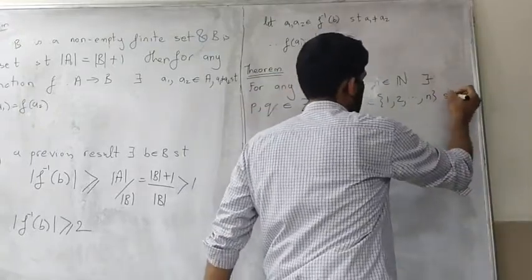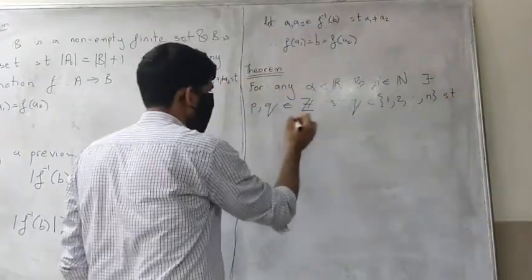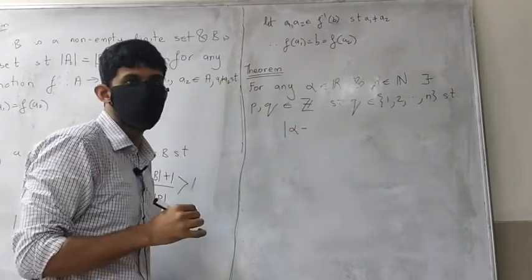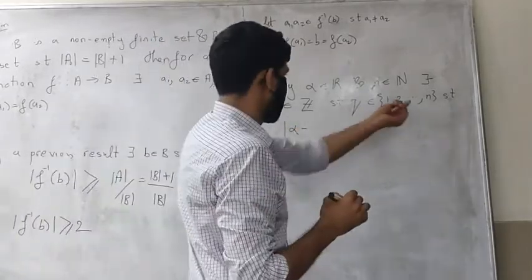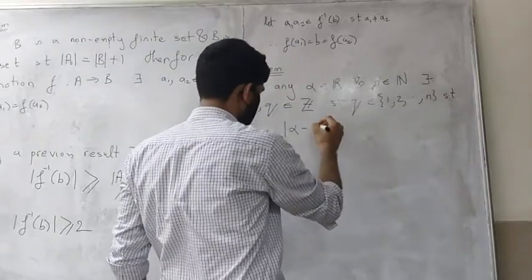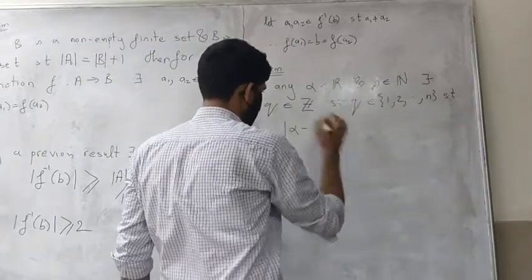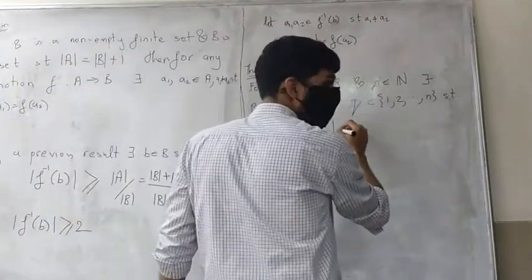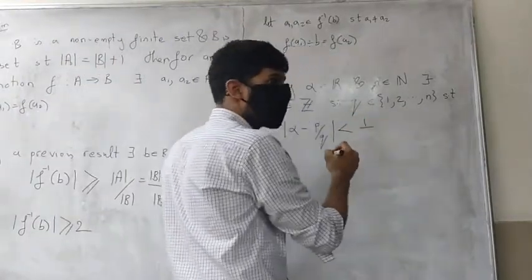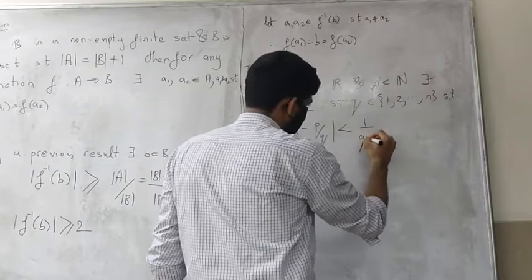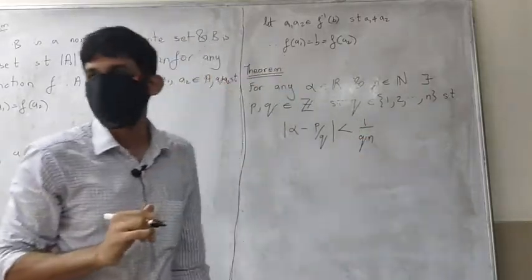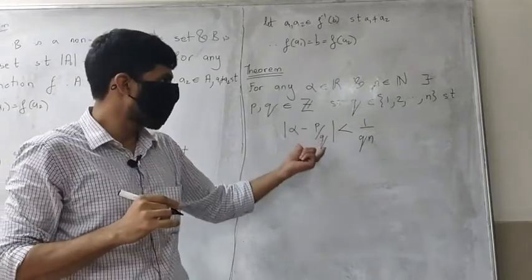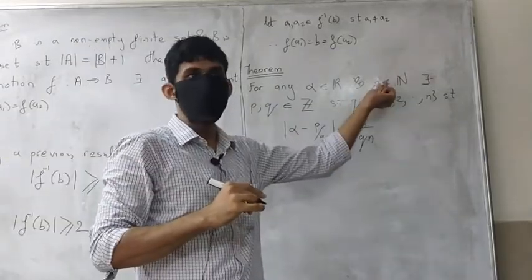So it says that you can get a rational approximation of alpha with the denominator between 1 and n, whose distance is less than 1 by qn, and 1 by qn we know is less than 1 by n. So you can see it comes at least as close as 1 by n.